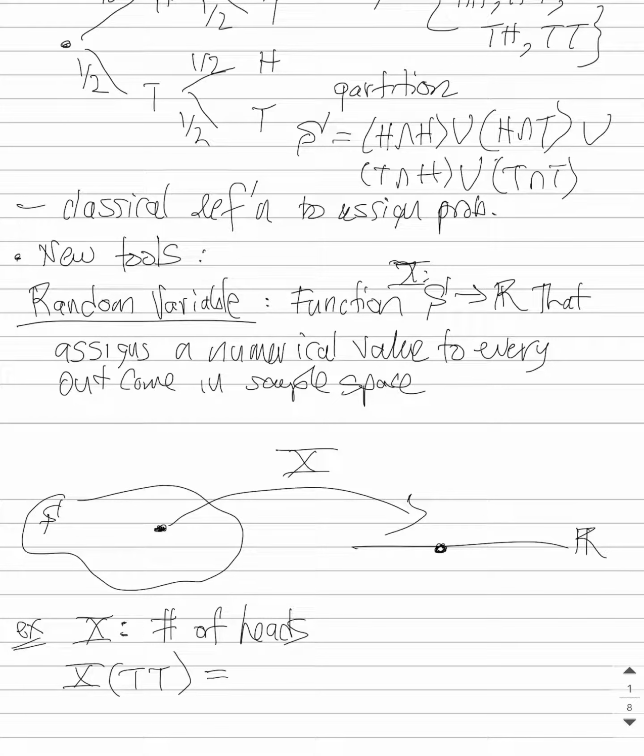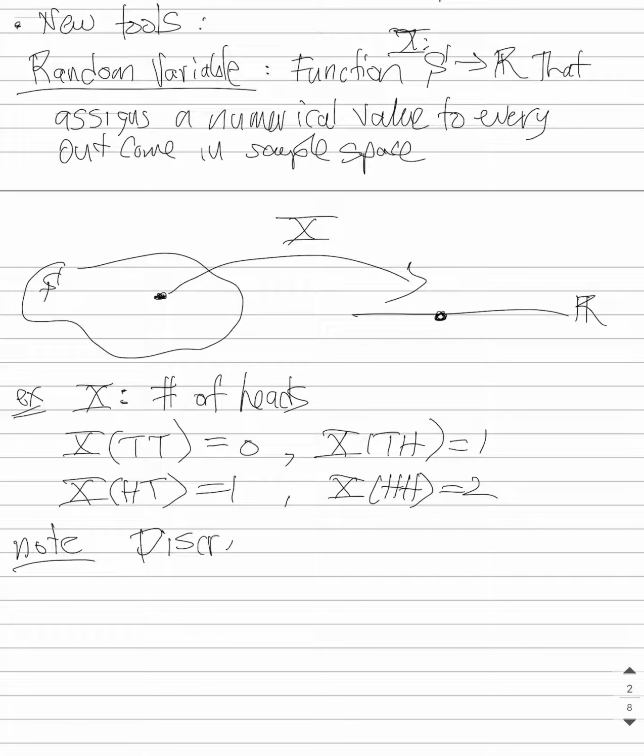And what it will do is then assign a number to it. Well, naturally, if X is supposed to measure the number of heads, then this outcome should get a 0 as its value. Similarly, if I take the outcome TH, this should get a 1. The outcome HT should also get a 1, whereas the outcome HH should get a 2.